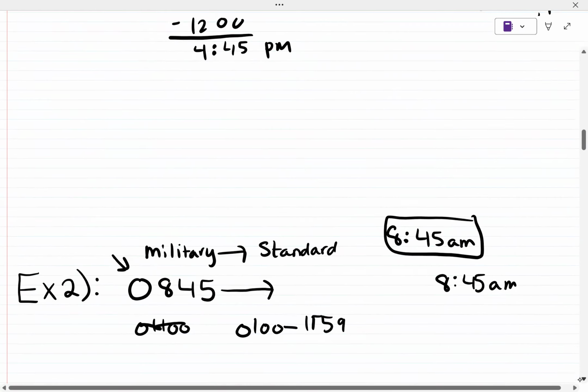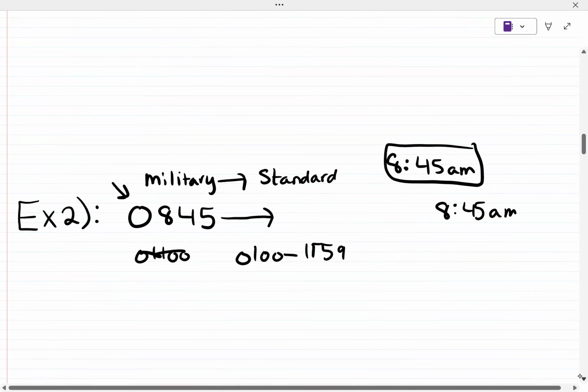Okay, example two, I kind of did this one, but 0845, and we want to convert it to standard form. So we're going from military to standard. 0845 is between 0100 and 1159.